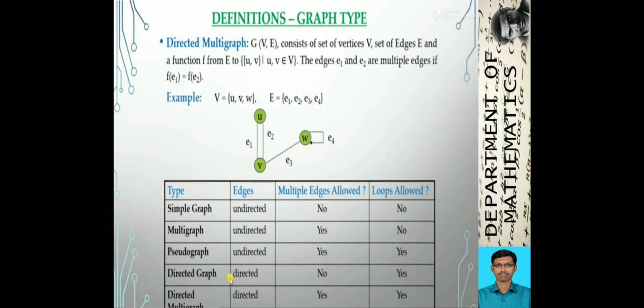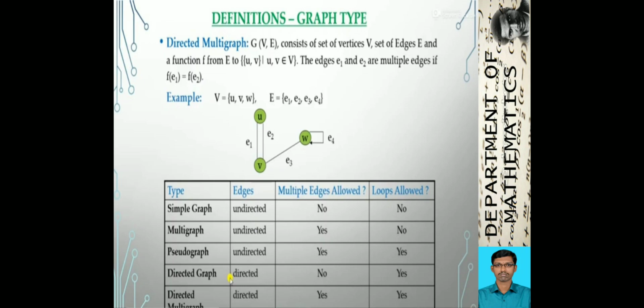Next one is the directed multigraph. What is a directed multigraph? Here G consists of a set of vertices V, a set of edges E and a function f from E to V times V. The edges E1 and E2 are multiple edges if f of E1 equals f of E2.